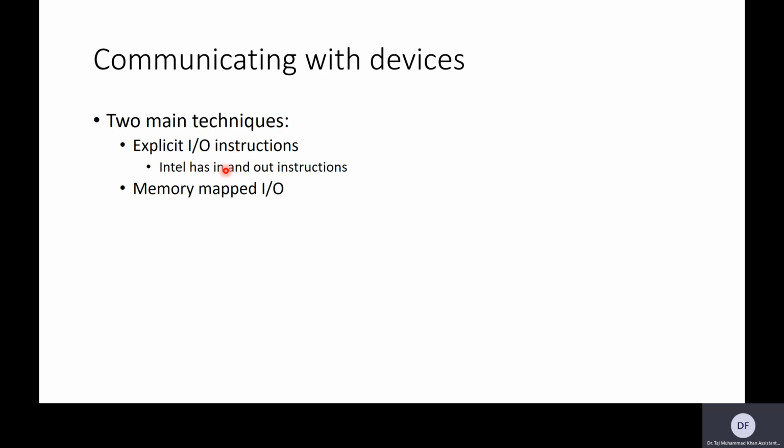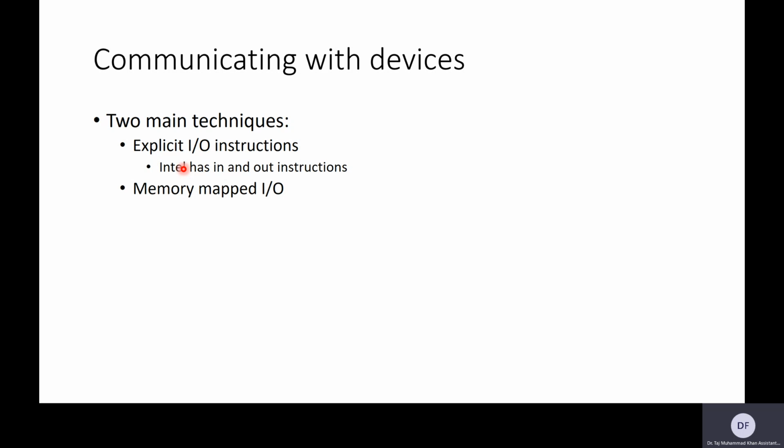So for all the status, command and data registers, we had special instructions in the assembly language of processors to read and write data to and from these registers. This technique needs special instructions in the assembly language to read and write data to device registers.